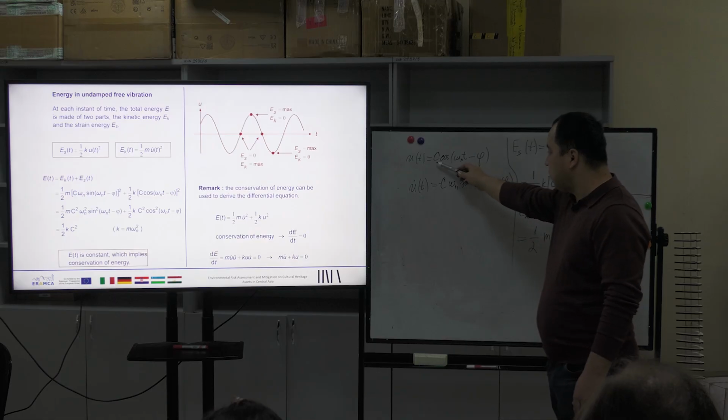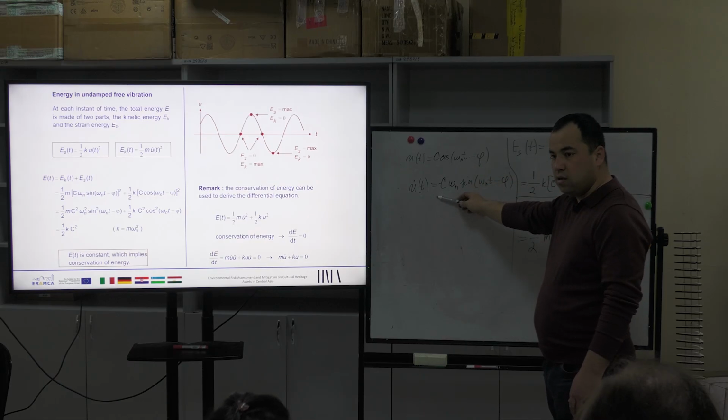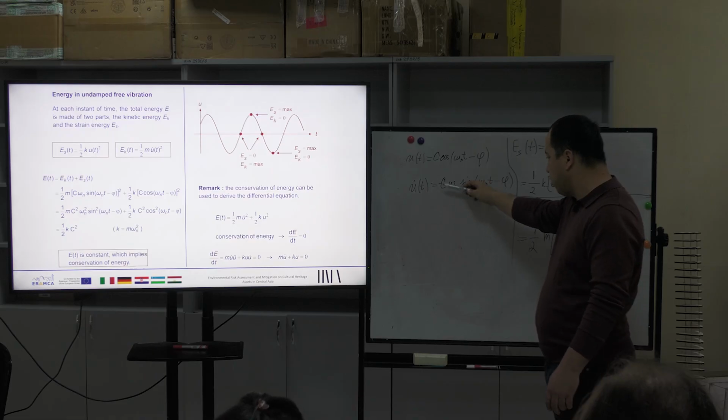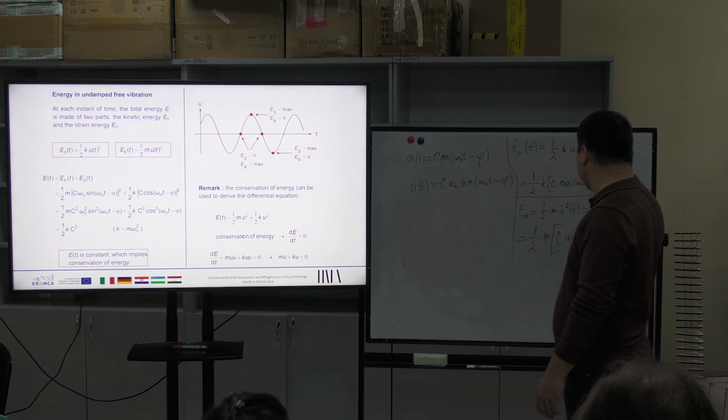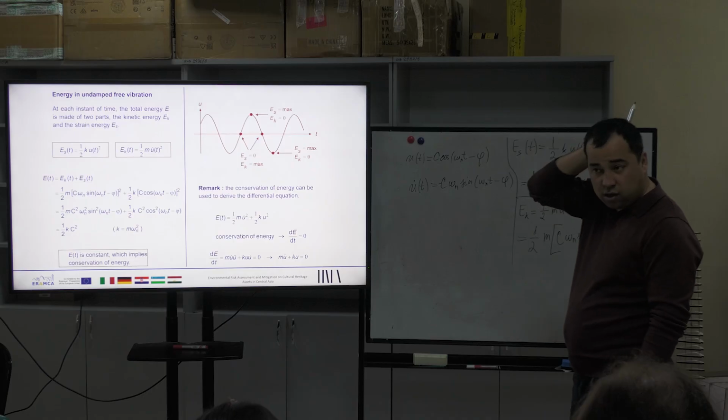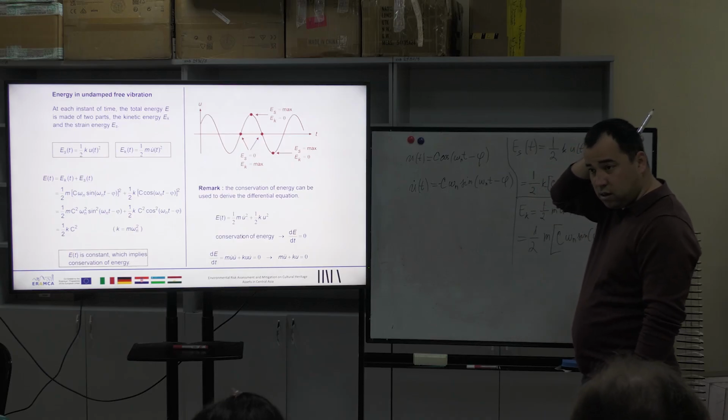So initially the formulation was like this. I derived from this formulation this one, and from this formulation the square of this one. For instance, k product this one, u(t), this k product this one squared. And second one, 1 over 2 m product u dot t squared. Okay, do you understand?